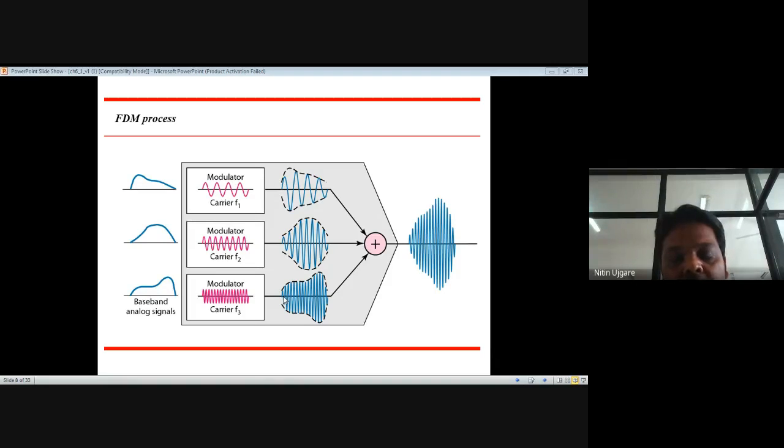In the FM technique, the frequency of the carrier signal is changed according to the change in the voltage level of the modulating signal, and thereby we produce the analog modulated signal by changing the frequency characteristic. So let us see the process of frequency division multiplexing.